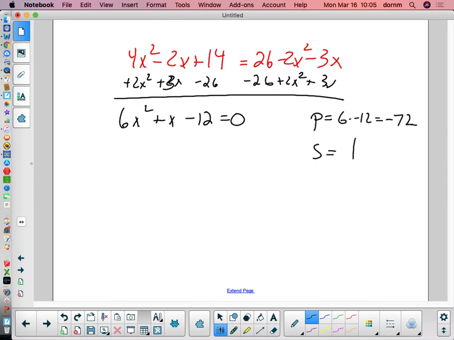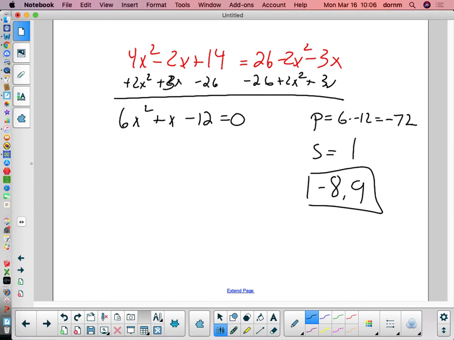The 8, right? The smaller one, because the 9 has to win. So negative 8 and 9 are my magic numbers, right? Negative 8 times 9 gives me negative 72. Negative 8 plus 9 is 1. This is where knowing your times table is super critical. If you just rely on a calculator to multiply 8 times 9, that's going to make this super hard.